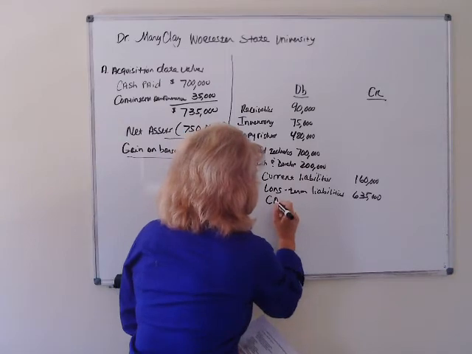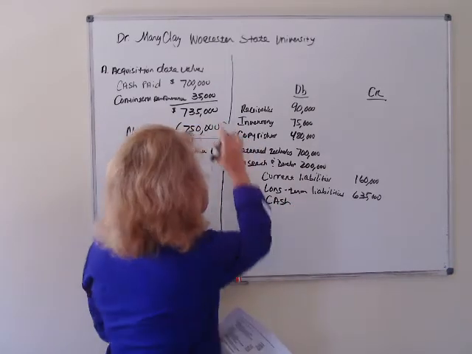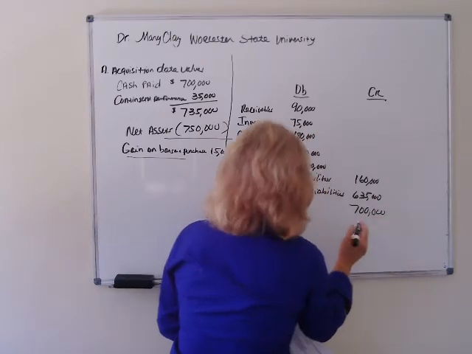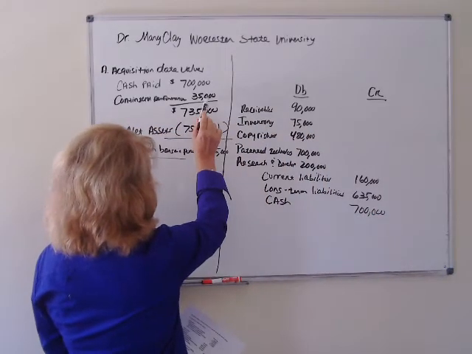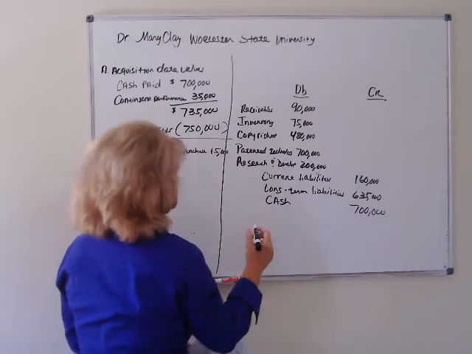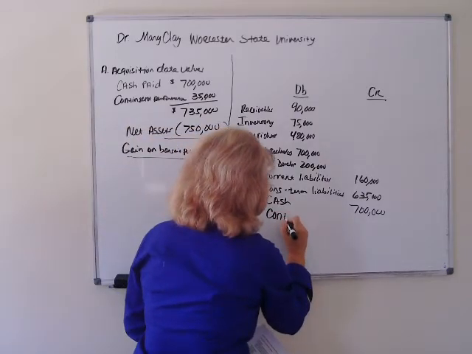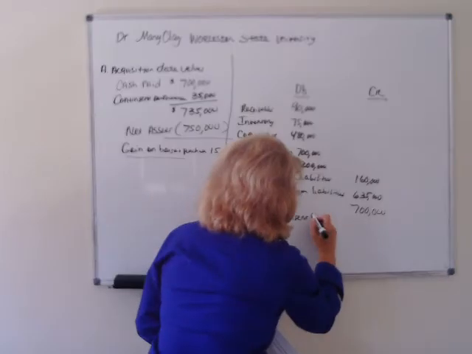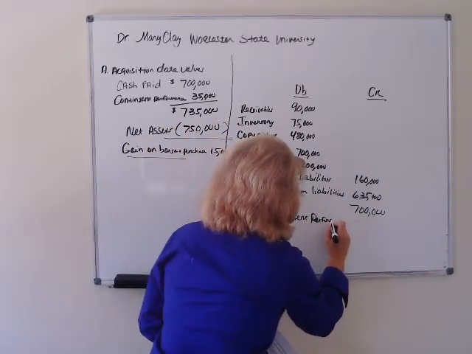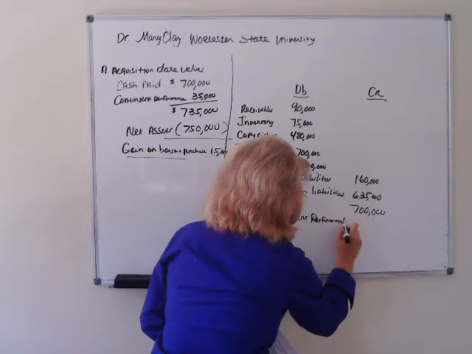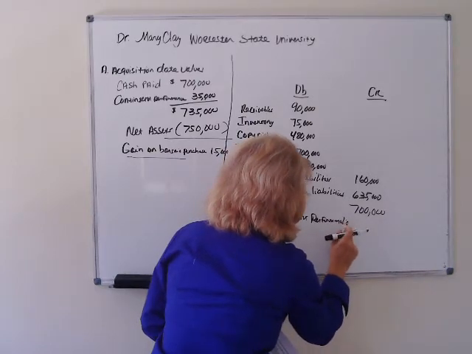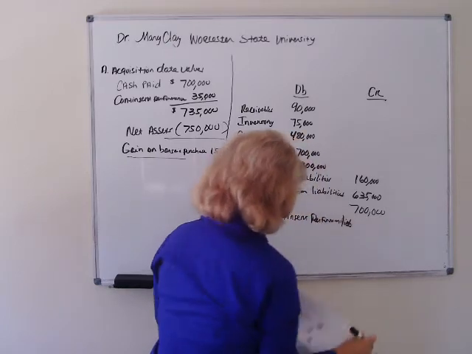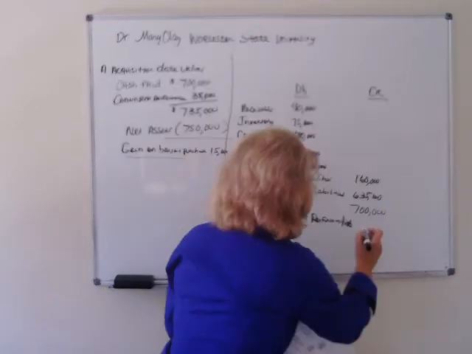This one is not an example that they paid stock. They paid cash, 700,000. All right, don't forget, I'm going to make my entry for this 35,000. Contingent performance liability. Jeez. Liability, and that is 35,000.